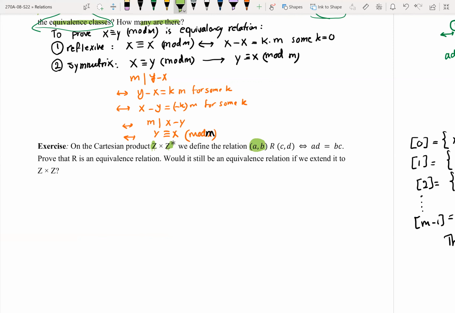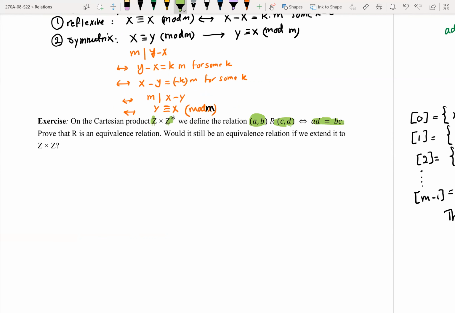An ordered pair AB is related to another ordered pair CD if A times D equals B times C. This is the definition of your relation. Then check the equivalence relation: reflexive, symmetric, transitive. And will it still be an equivalence relation if you extend this to including zero?